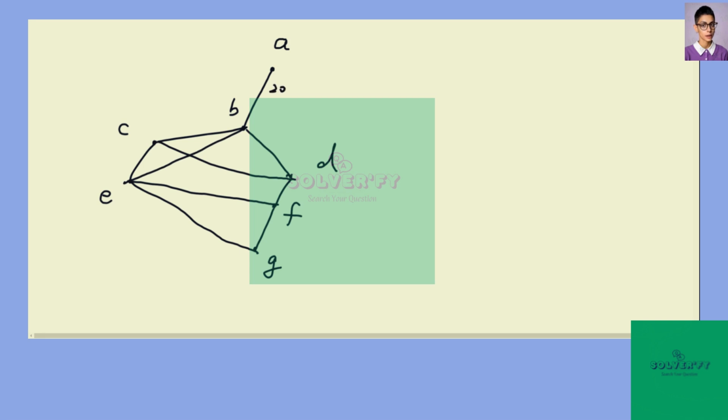So this is 20, this is 35, 35, this is 45, this is 85, this is 55, and this will be 42 and 30, 60. Okay, we will then use our Dijkstra algorithm.